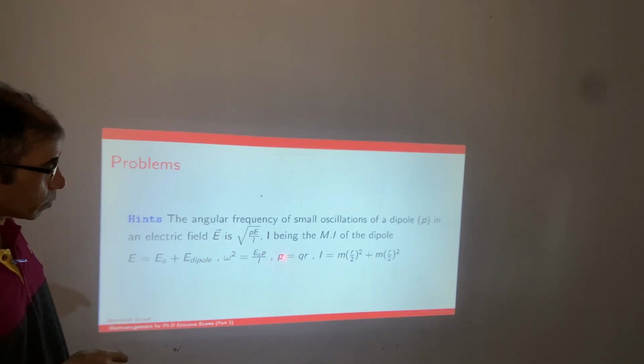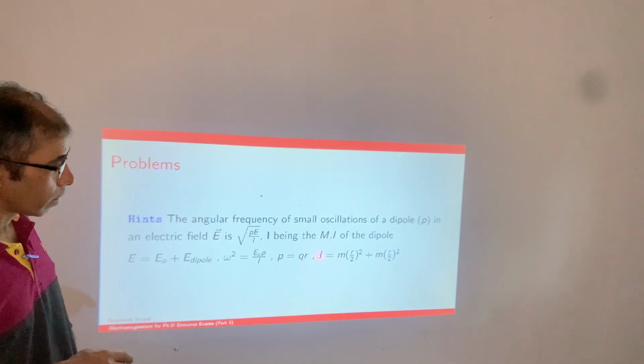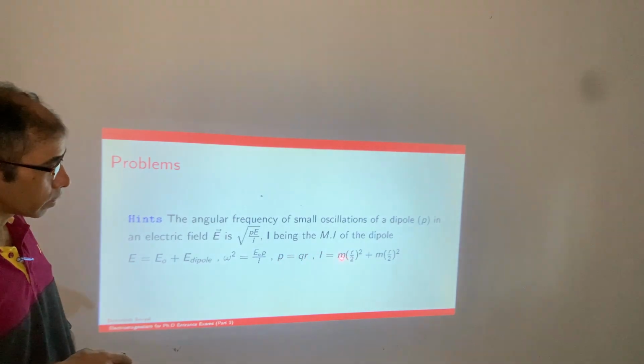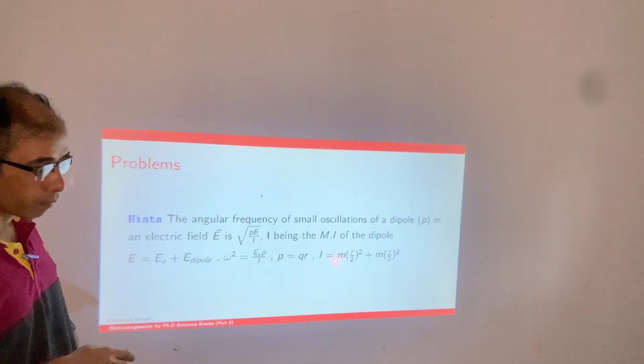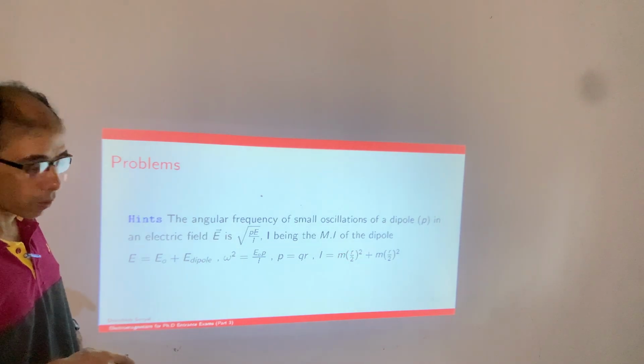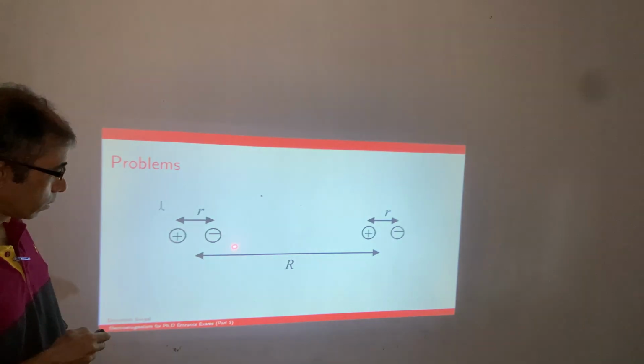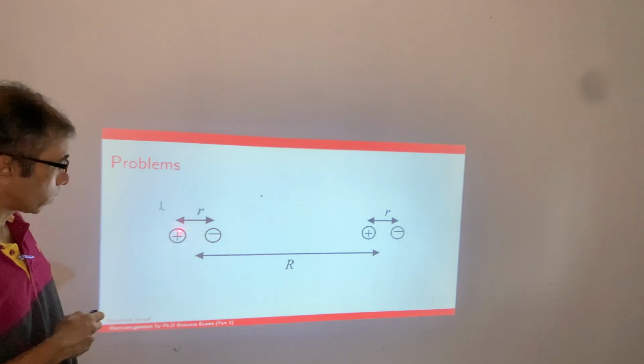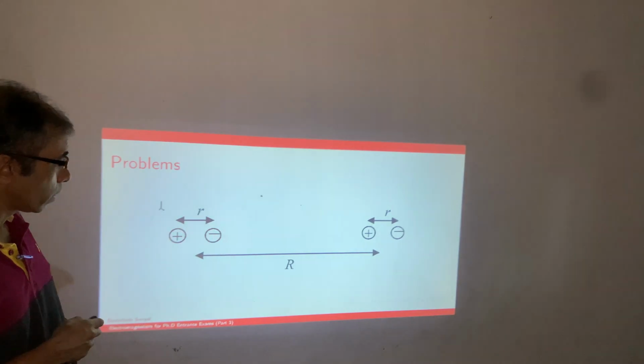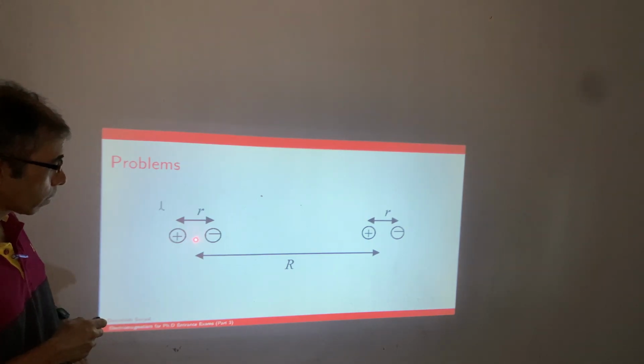What is p? p is equal to qR. And what is the moment of inertia in this problem? It is m times R by 2 whole squared plus m times R by 2 whole squared, because there are two masses, this is m and this is m, and the separation from the center is R by 2.